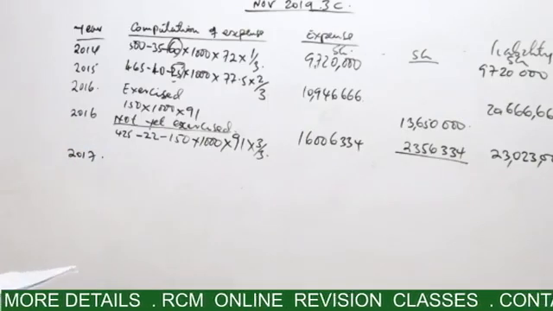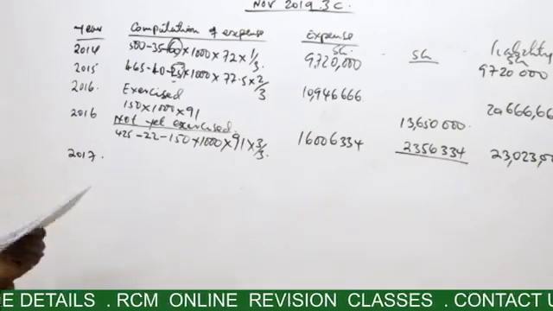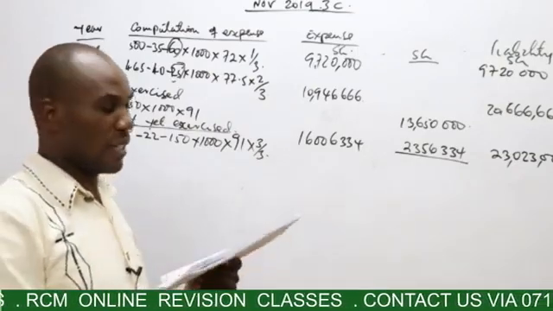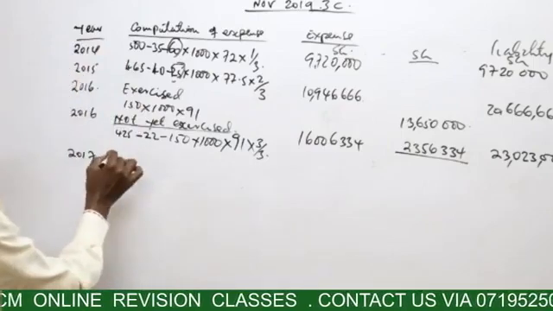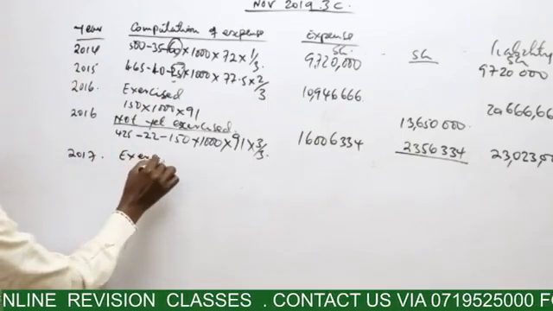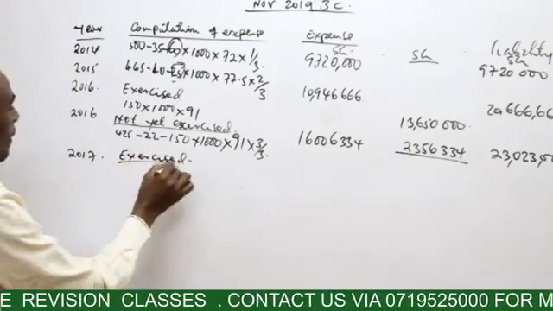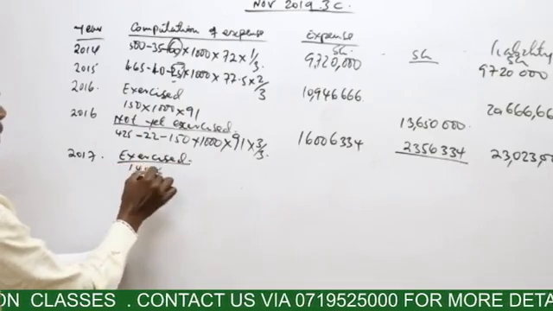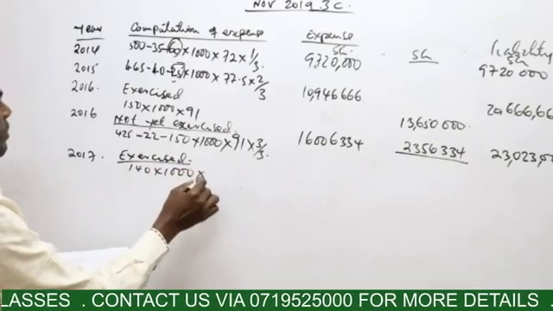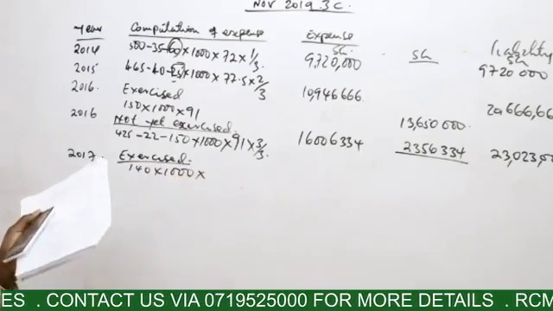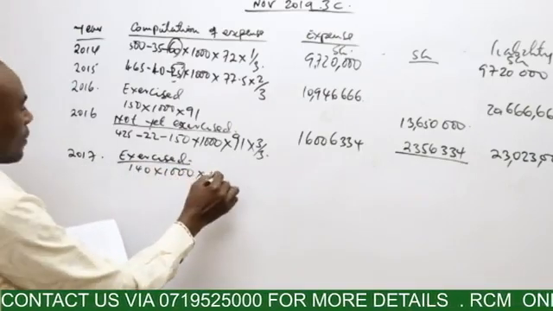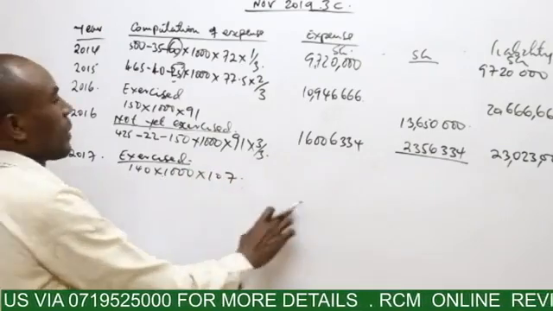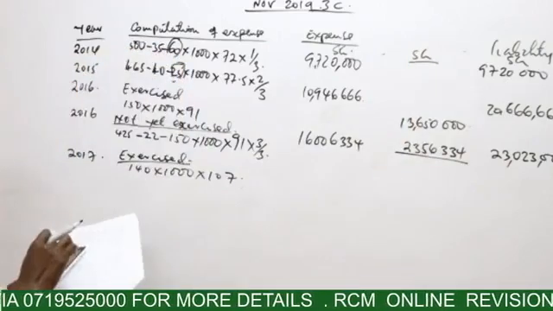In 2017, they tell us that 140 employees exercised their rights. Therefore, those who exercised will be 140 times 1,000 times the fair value at that time, which is 107, so that we get the expense on exercise in the second column.